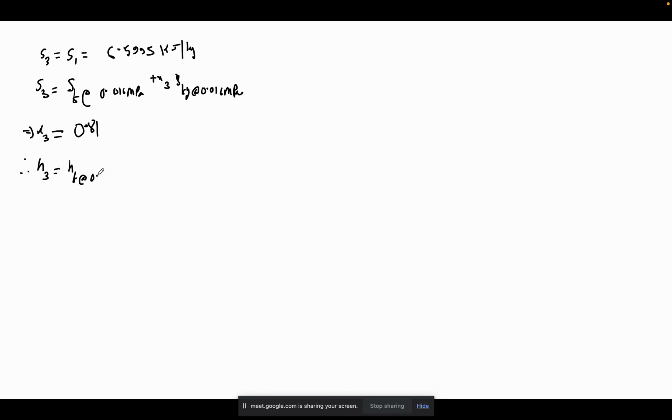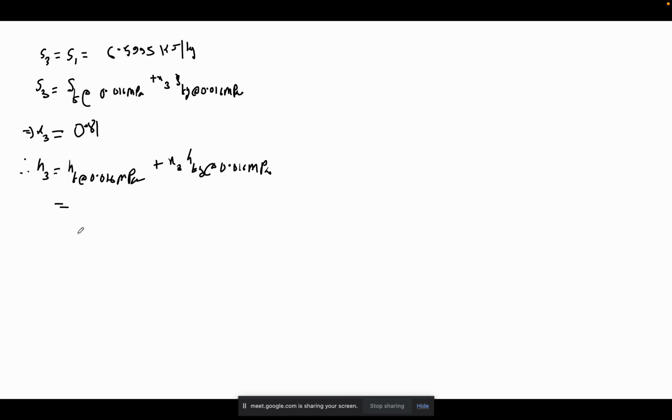0.016 megapascal plus x3 times HFG at 0.016 megapascal.